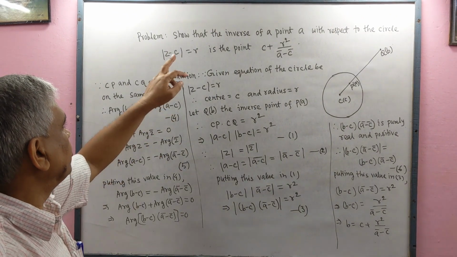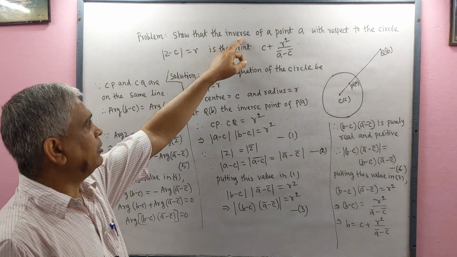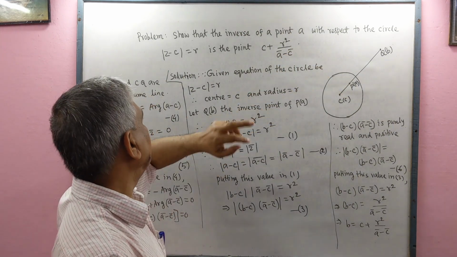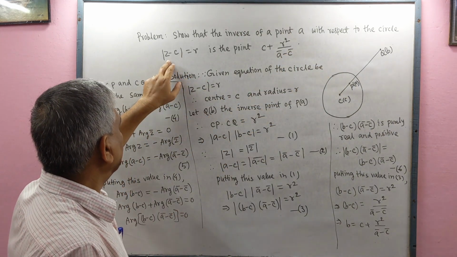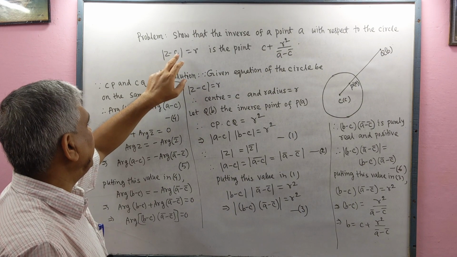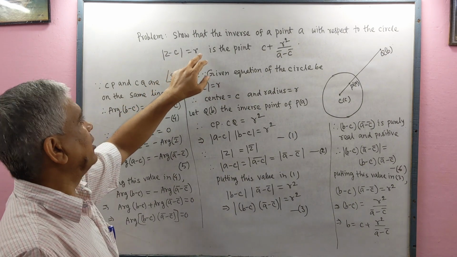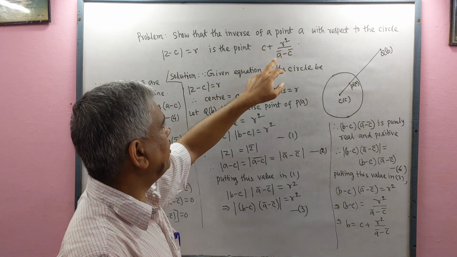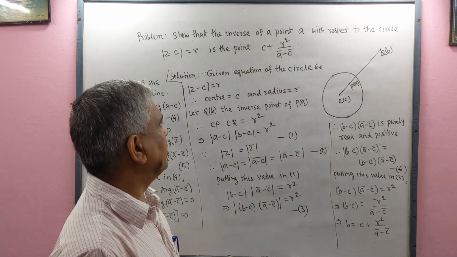Now we solve a problem: the inverse of a point A with respect to the circle modulus of Z minus C equal to R is the point C plus R square by A bar minus C bar.